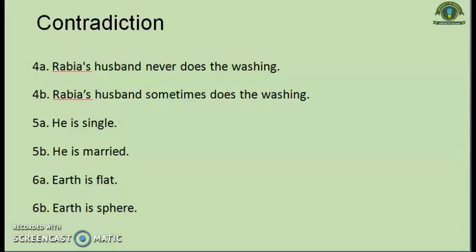So what we have identified from these slides is that a contradiction is a sentence that is necessarily false as a result of the senses of the words in it. Whenever a sentence is not based on truth, it is considered a contradictory statement.